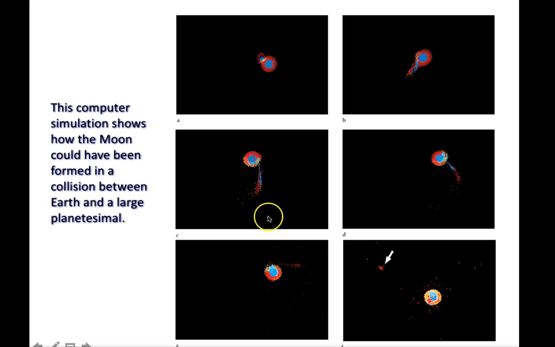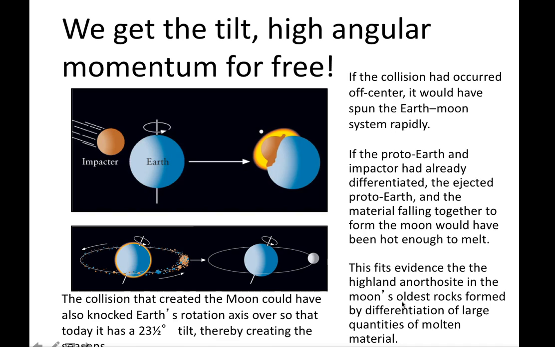Okay, so here are some computer simulations showing the collision between some massive object, the size of Mars is considered, and then we come over to here, it gets spilled out, and here we have spilling out some more until finally we have a coalescence of material that formed the moon, and the rest of it falls back into the Earth. The nice thing about this collision hypothesis is we not only get the moon, but we get the tilt of the Earth as well.